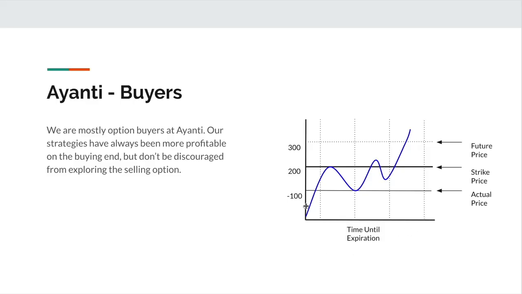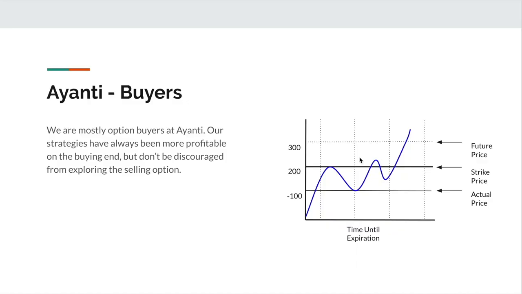So although the stock may be moving up towards that strike price, if the expiration is March 1st and now we're at February 5th or February 25th, that means the option has lost some of its value due to time decay. So option buyers have one thing that's always working against them, and that's time.